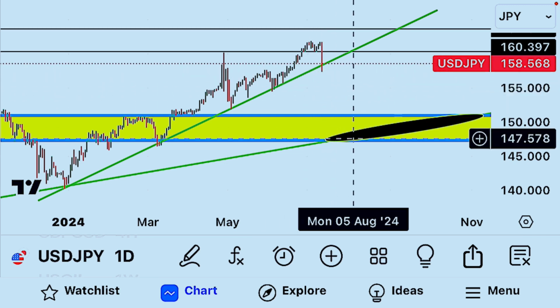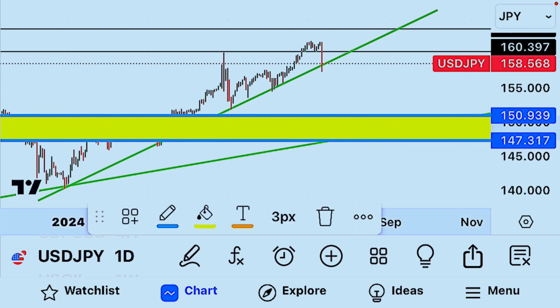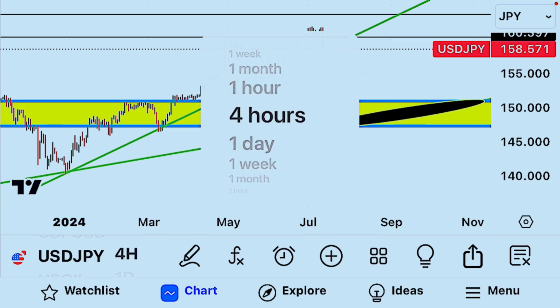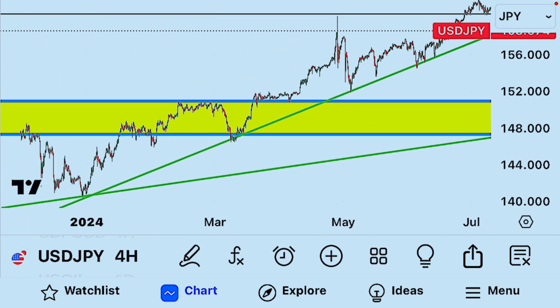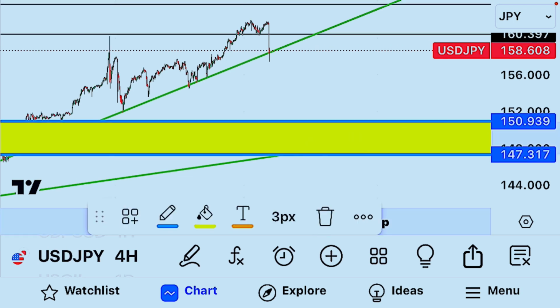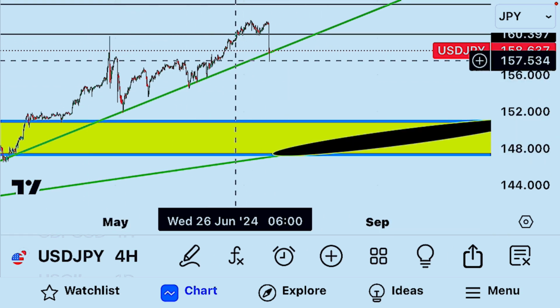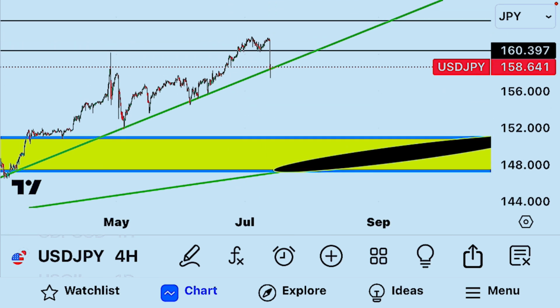Your first target should be at 150, which happens to be this key resistance that might turn support. Okay, you will see it clearly on the 4 hours time frame. Alright, you see what I'm saying? So you want to wait for a pullback into this zone to find a long position, but for the meantime, we might also find a short position at the break of this trend line.